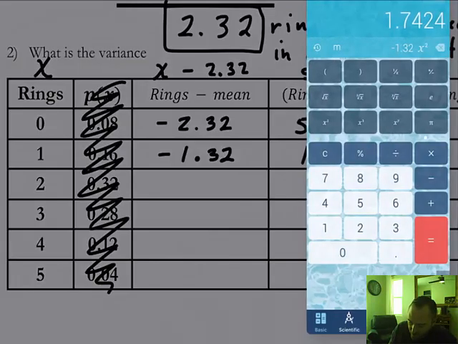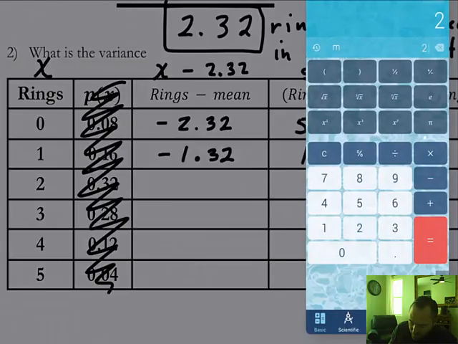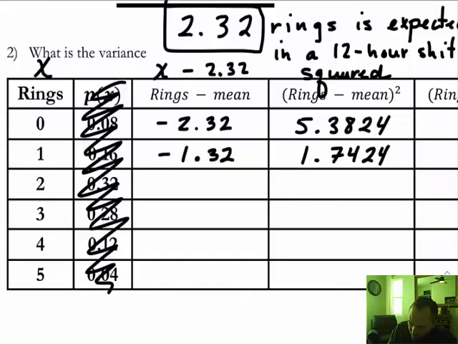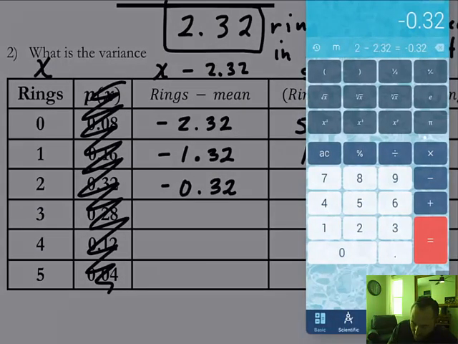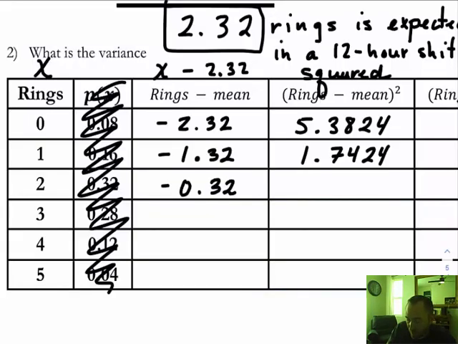Okay, next with the number 2. 2 minus 2.32 is negative 0.32. Let's go ahead and square that, and that becomes 0.1024.